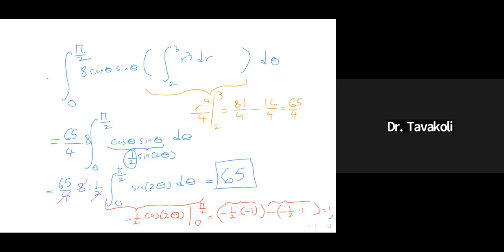Okay, let's do another example. Again, as usual, please try to do the next example on your own before you watch the solution. So I want to evaluate the double integral over some region R. The function is e to the power of -x squared minus y squared, dA.